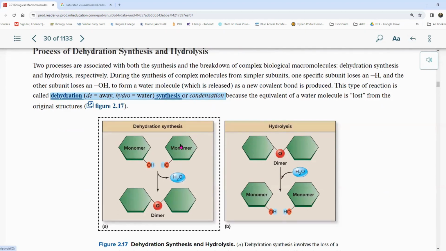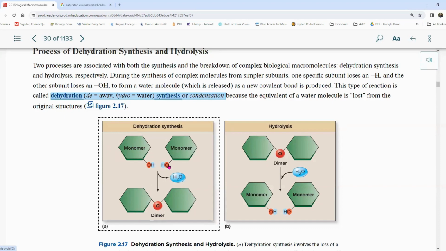So if we want to bring something together, you see that there's two hydroxyl groups. What's going to happen here is it's going to put these two monomers together to make a dimer. But in order to do that, it's going to bond these hydroxyl groups together and get rid of water. We have two hydrogens and two oxygens.